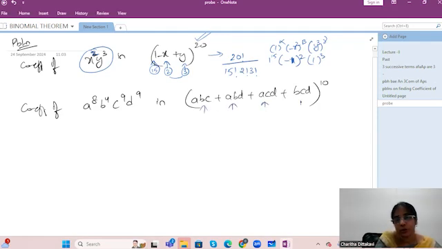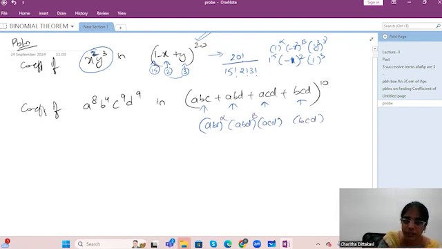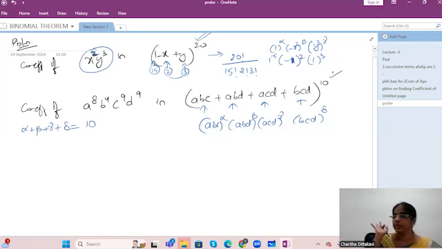Now we need to choose alpha, beta, gamma, delta in such a way that, see, observe A, B, C, A, B, D, A, C, D, and B, C, D. To the powers, if you consider some alpha, beta, gamma, and delta, what are all the main conditions that you need to match? Think about it. So first thing, alpha plus beta plus gamma plus delta equal to 10. This is what I'm supposed to have, right?